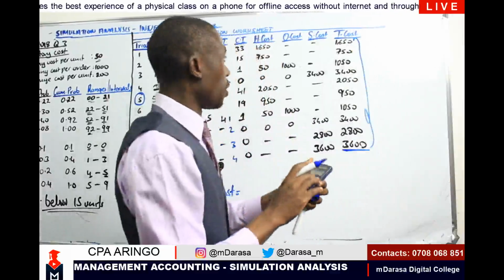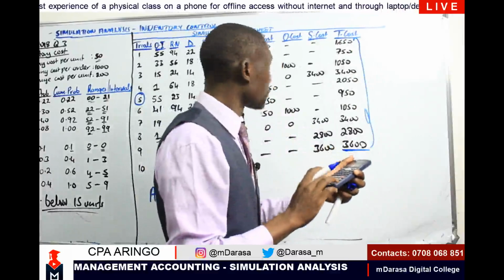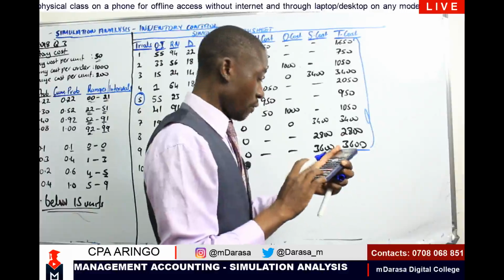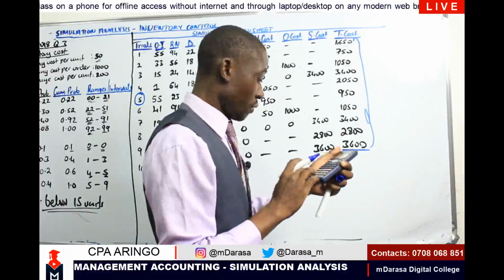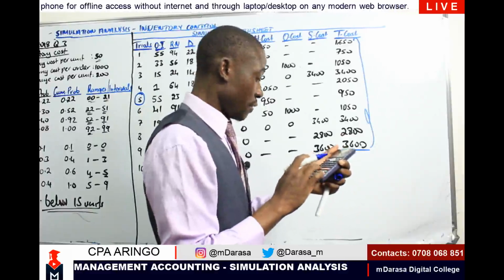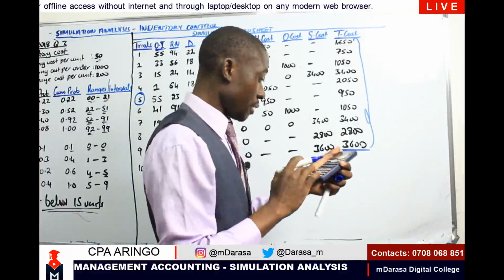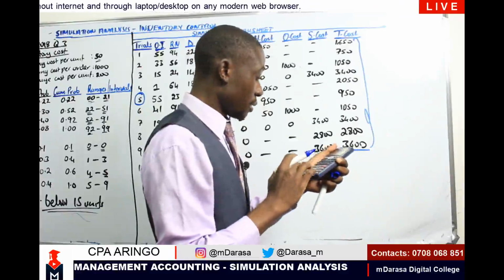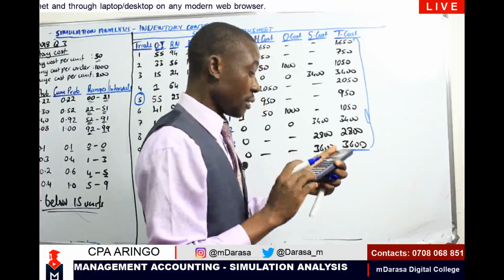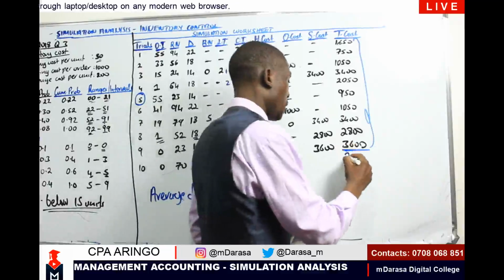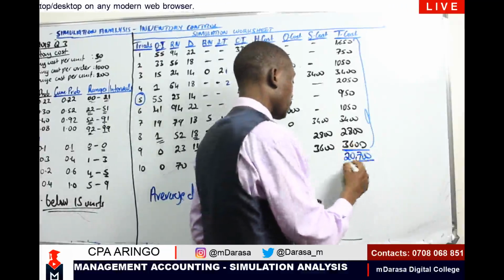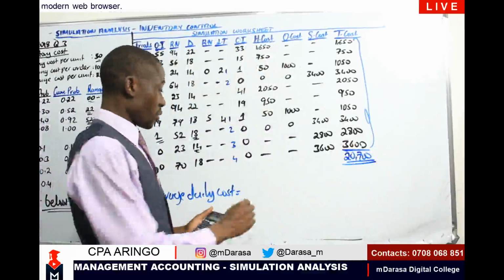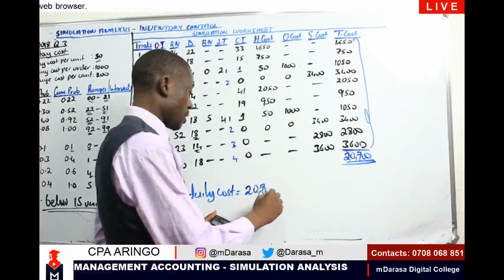If we sum up our total cost, we should be having 750, 1050, 3400, 2050, 950, 1050, 3400, 2800, and 3600. Summing all of them gives me 20,700.